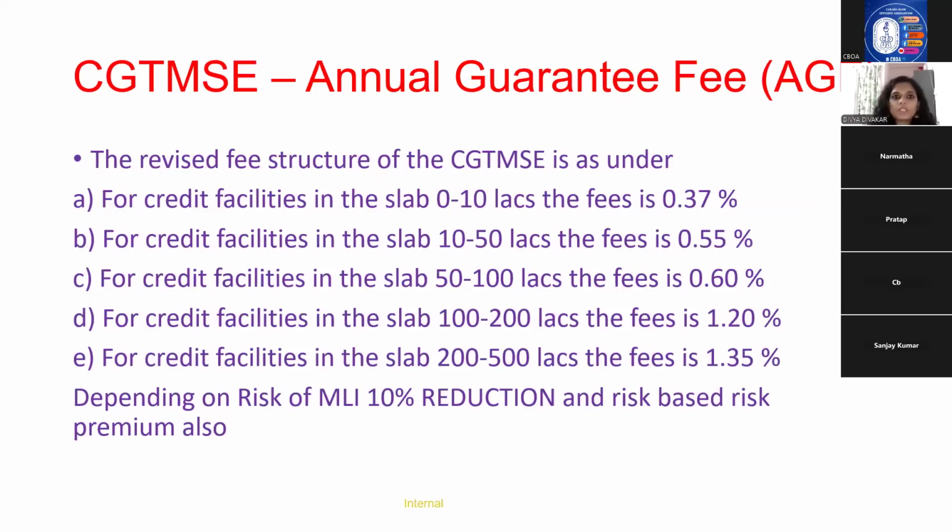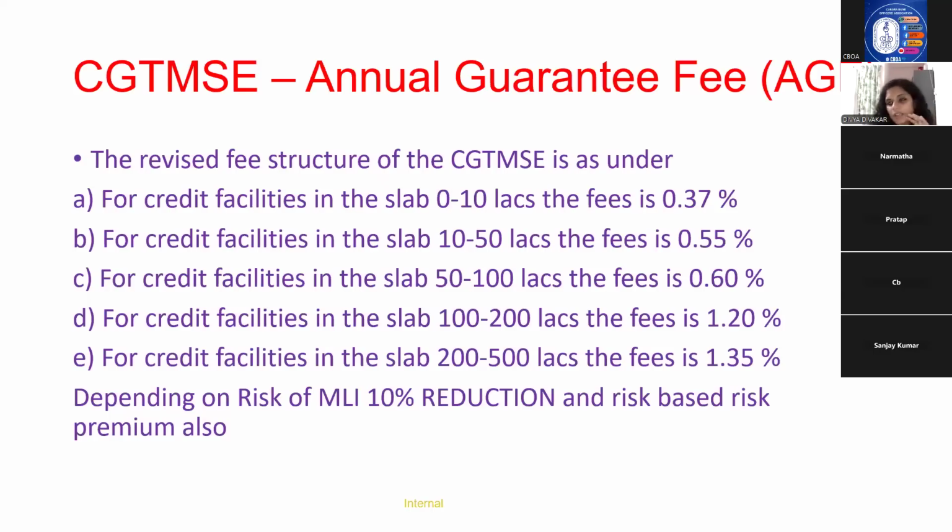Okay, then coming to the CGTMSE annual guarantee fee. It's a bit tricky, but you can remember it. For credit facilities in the slab 0 to 10, 0.37; 10 to 50, 0.55; 50 to 100, 0.6; 100 to 200, 1.2; 200 to 500, 1.35.